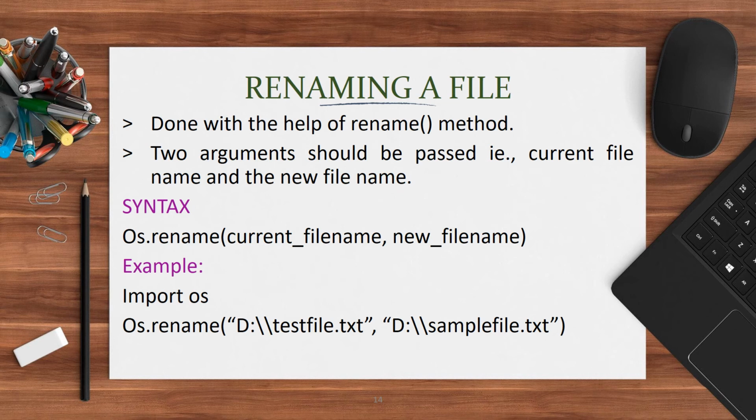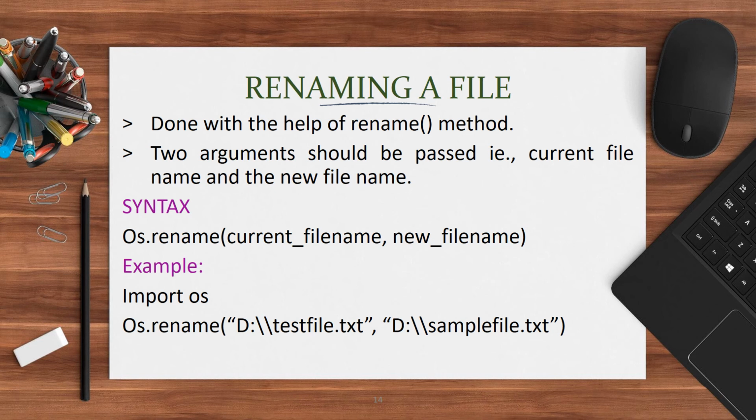The next one is how to rename a file. Renaming a file in Python is done with the help of the rename() method. The rename() method is passed two arguments: one is the current file name and another one is the new file name. This is the syntax of using os.rename(), the current file name comma new file name.